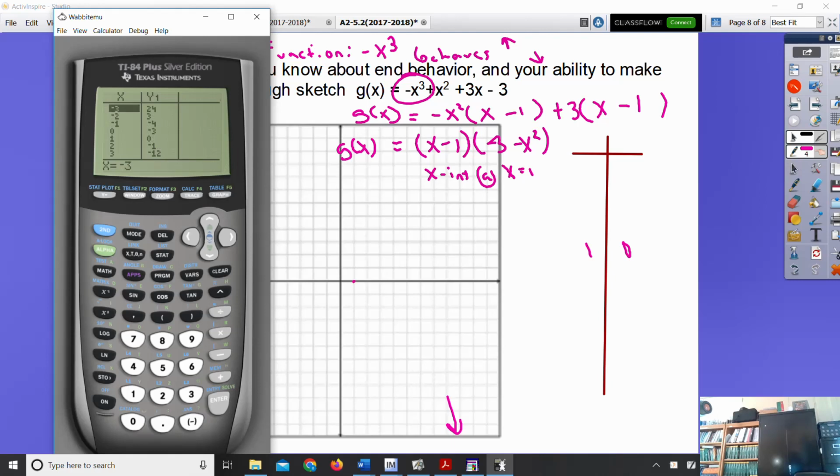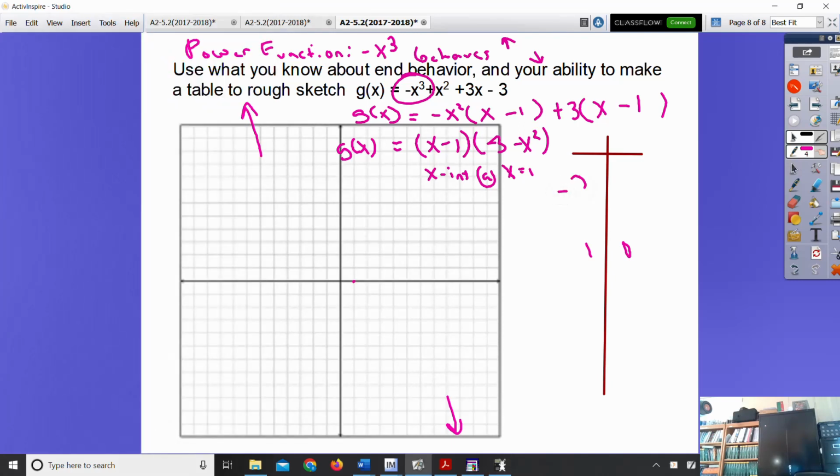Some of this stuff, I can't even plot -3 on my graph, can I? Why not? It's 24. Does it make any sense to write that down? Does my grid go up to 24 units? No. I just want these. There's -2, 3, -1, 4. Sorry, that was -2, -3, wasn't it?